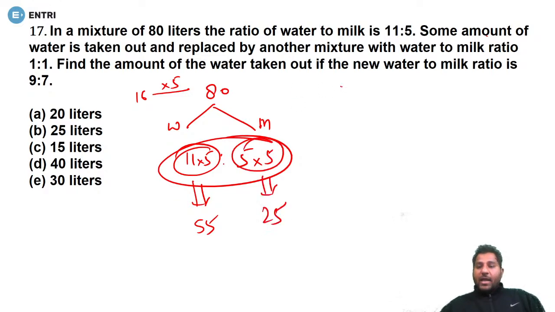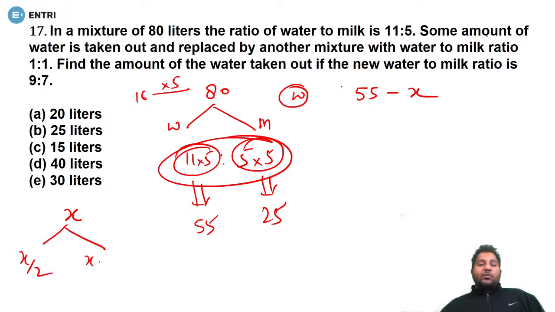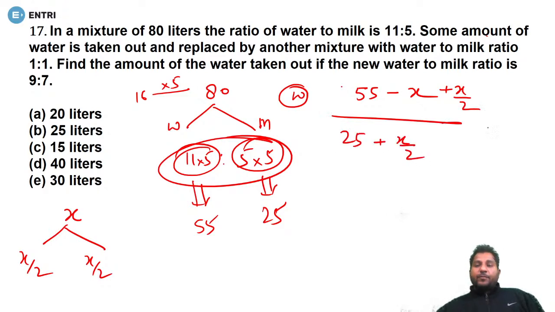Now some amount of water is taken out. Let's say X units have been taken out of the water, but it has been replaced with another mixture of milk and water in 1:1. So if X is taken out, then X/2 of each is added: water becomes 55 minus X/2 and milk 25 plus X/2, and the final ratio of water and milk will be 9/7.